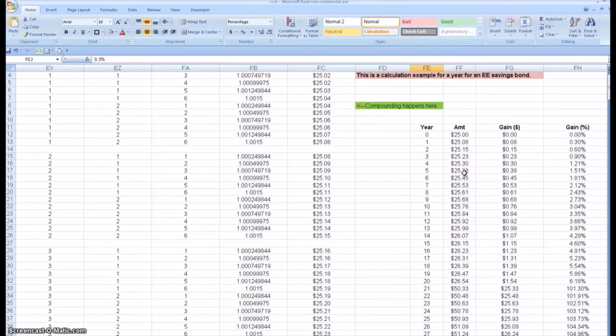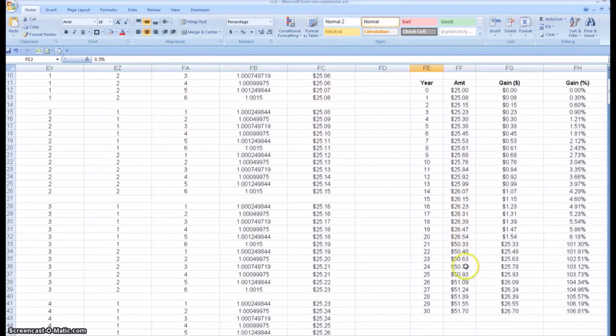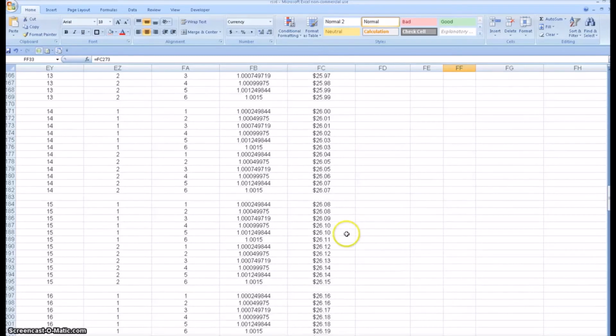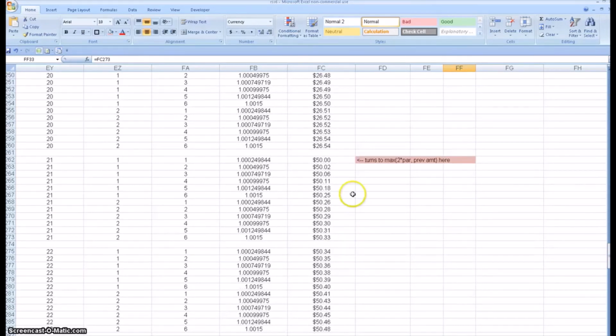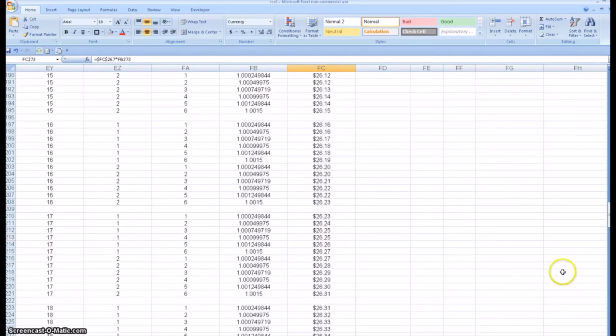We keep going down through 30 years. And again, notice between the 20th and 21st year, that amount has doubled. It went from $26.54 and suddenly jumped to $50.33, because it doubled.